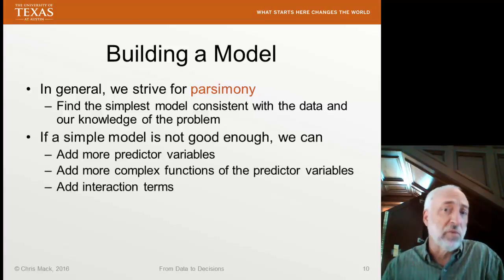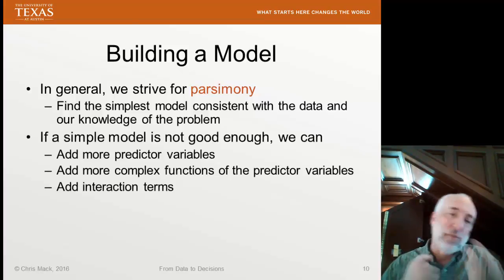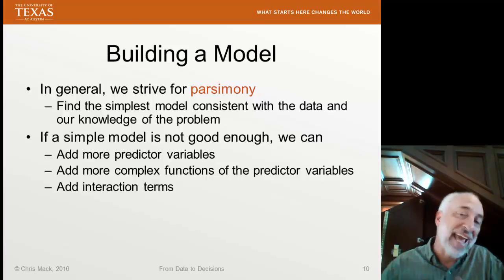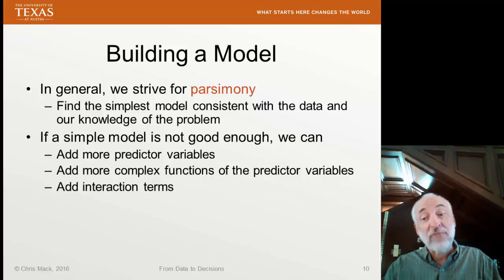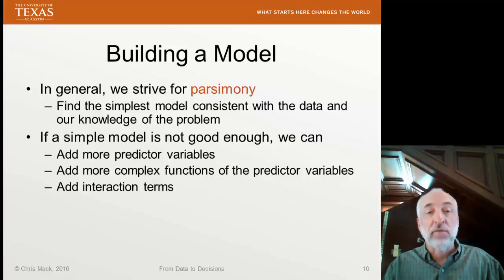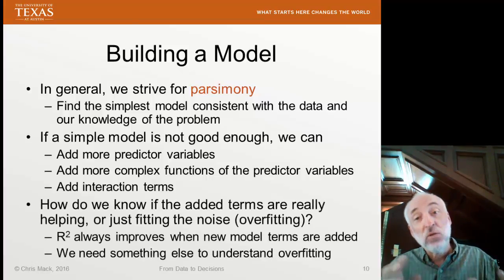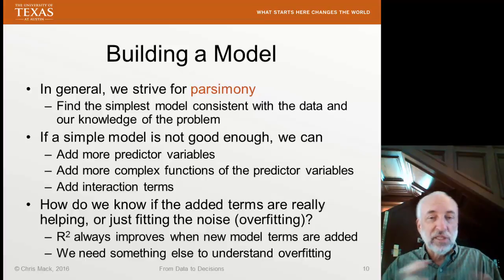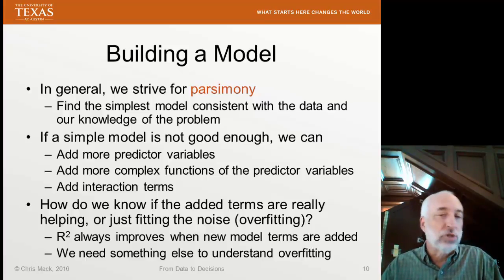But sometimes you start with a simple model that's not good enough, so you can add more predictor variables, more complex functions of the predictor variables, or more interaction terms. Every time you do that, your model gets better. But you run the risk of starting to fit the noise by adding too many terms. And this is the balance that we try to achieve.